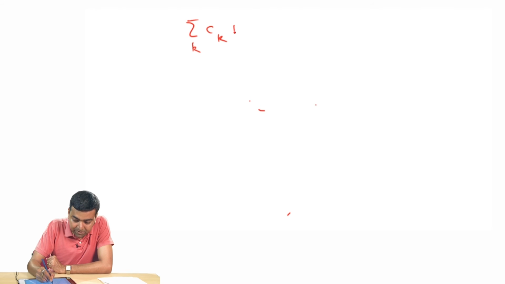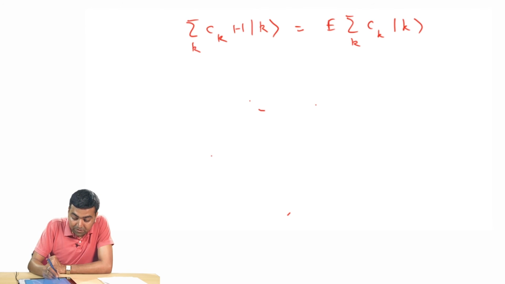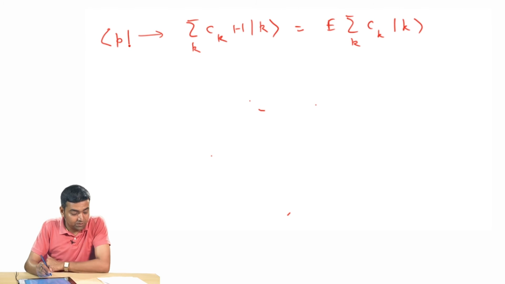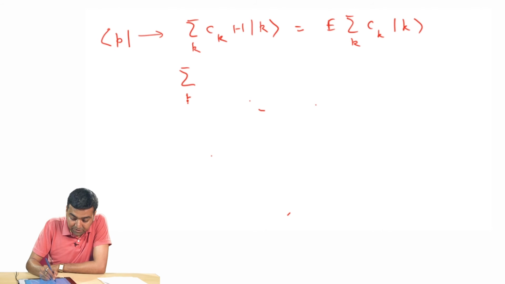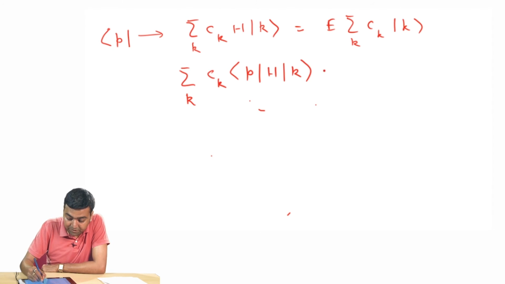We have the sum over k of C k H acting on k, equals E sum over k of C k k. Now, on this equation I act with P. What I will get is the sum over k of C k times P H k, equals E times the sum over k of C k times P k. E is a number, it will not act on it. C k is also a number.